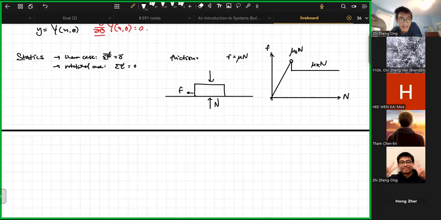Normally it's less than the static friction, but not always. Friction is a tricky subject. If they don't say, you can just assume it's this line, and mu_s is equal to mu_k. This is a common model of friction where mu_k is normally a little bit less than mu_s.